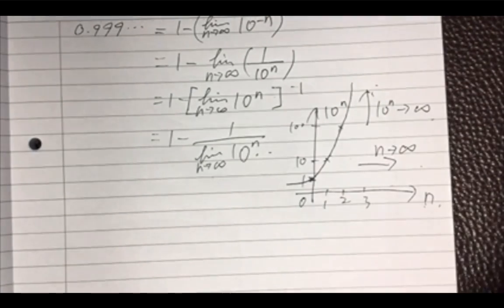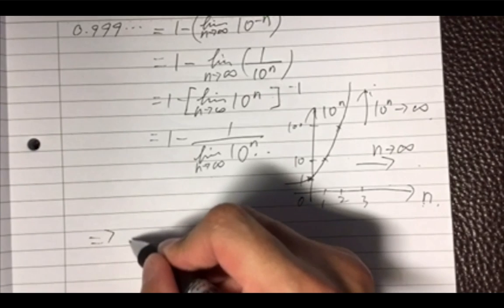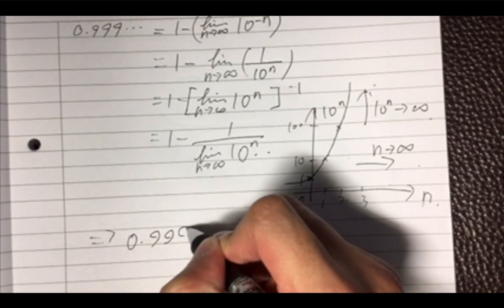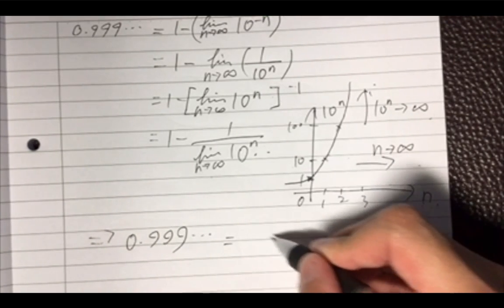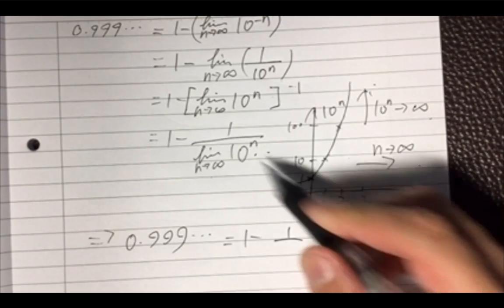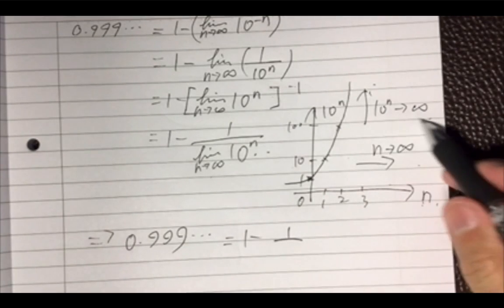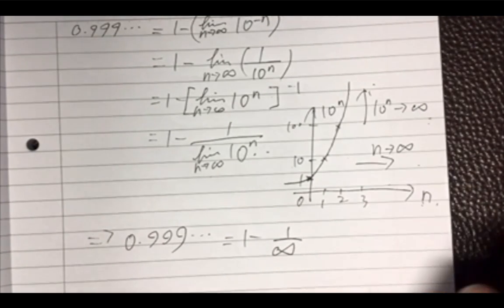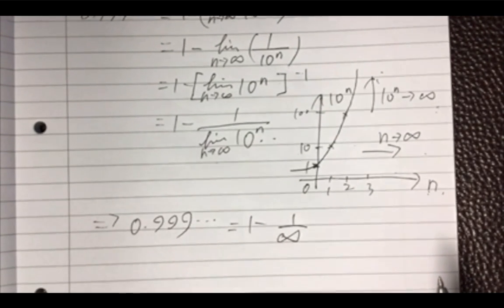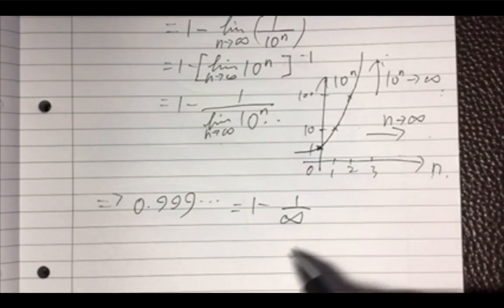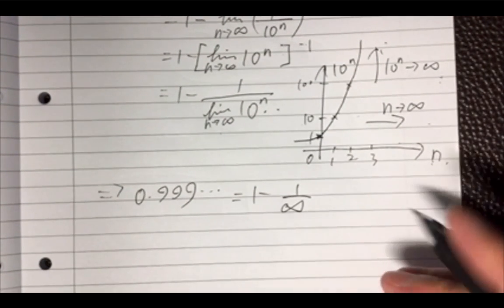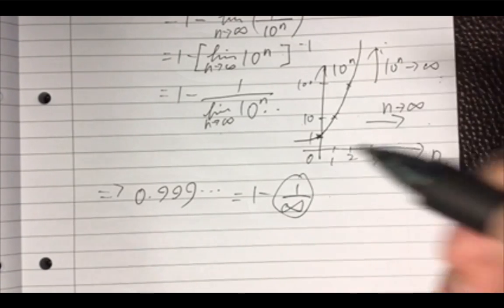Then the whole thing we can write as 0.9 repeating equals 1 minus 1 over infinity. But we still have not got an answer yet, right? Let's look into this term.